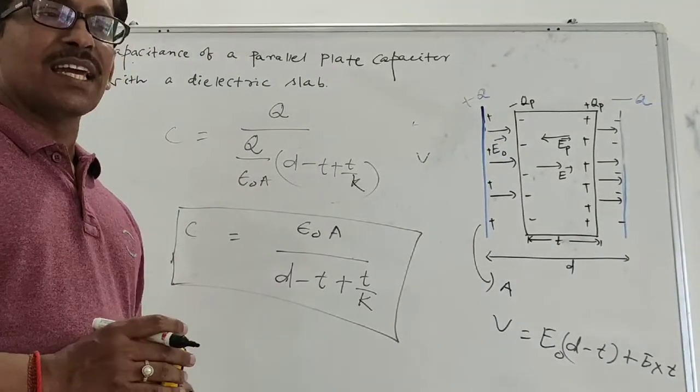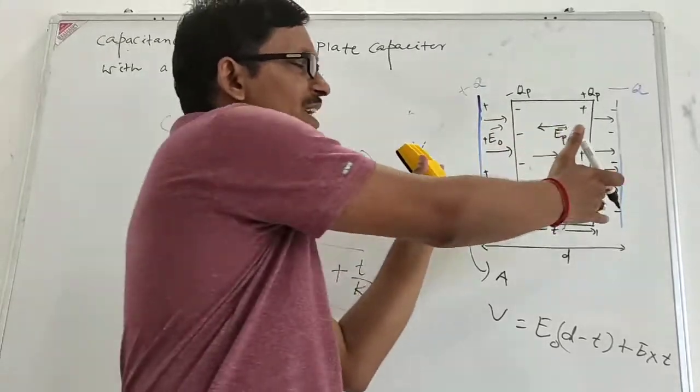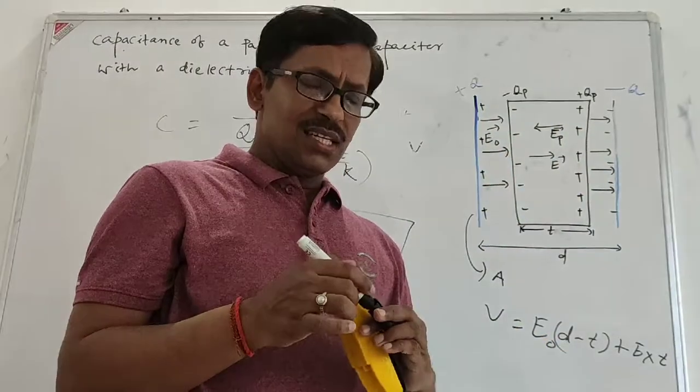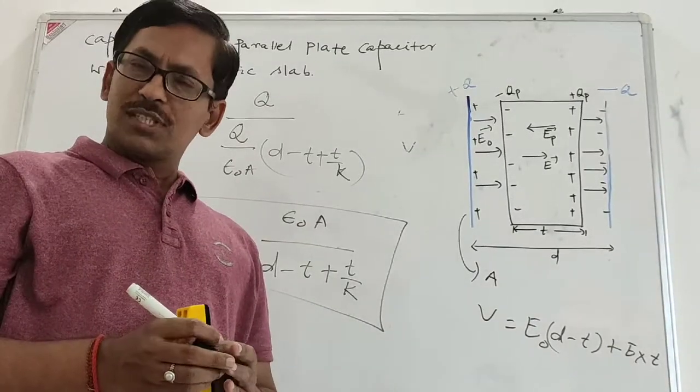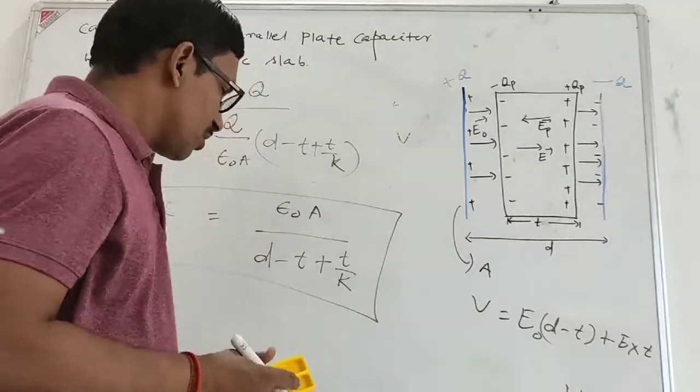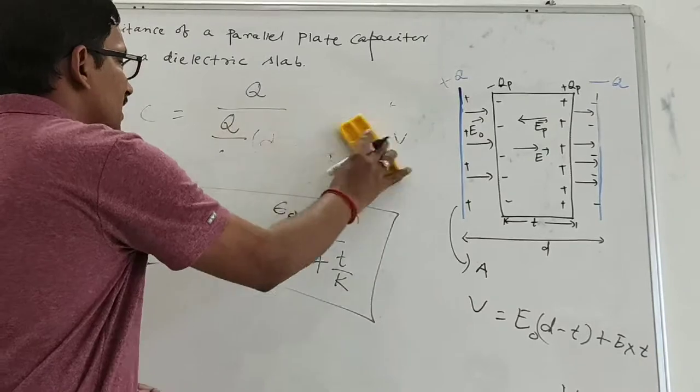Now consider a special case when the whole space between the two plates is filled with a dielectric material whose dielectric constant is K. Then what is the value of the capacitance?